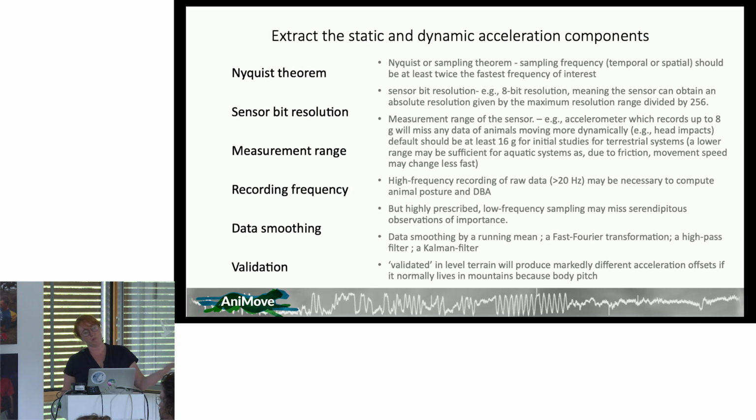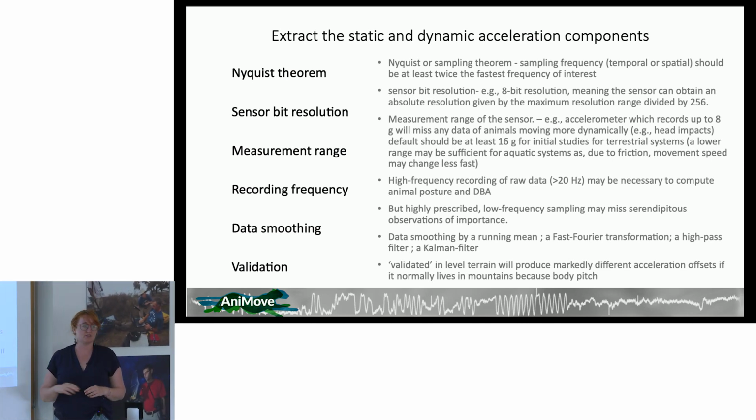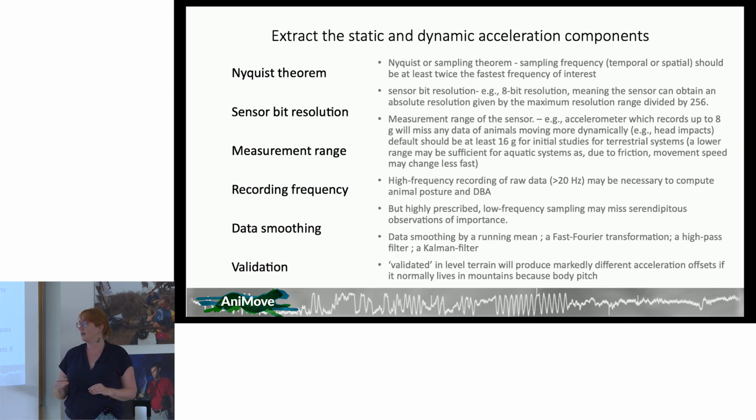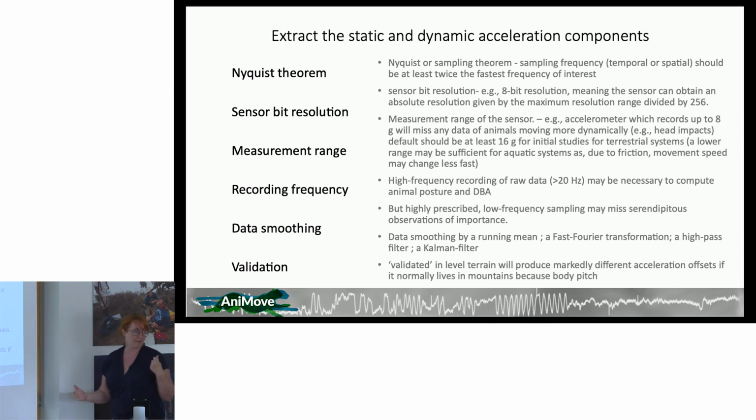All of that's more important if you're trying to separate out behaviors and get this smooth signal away from the dynamic signal. It's by smoothing the data that you see this postural change. And this is another aspect that you need to be really careful with, the smoothing window of the accelerometer and how you extract this signal, because it's what's left that's going to tell you about the dynamic signal.